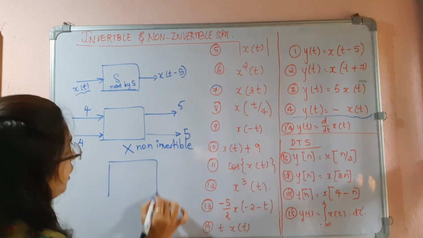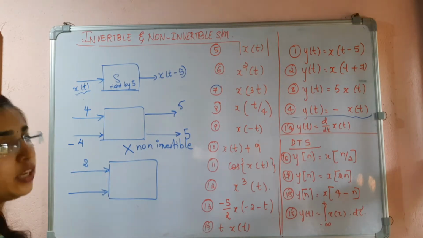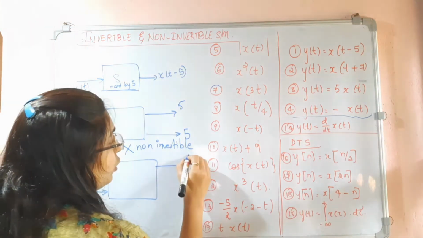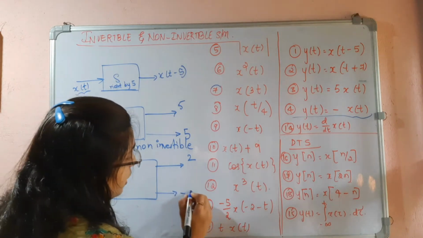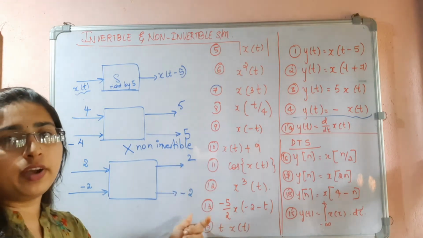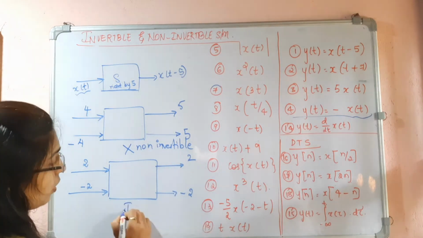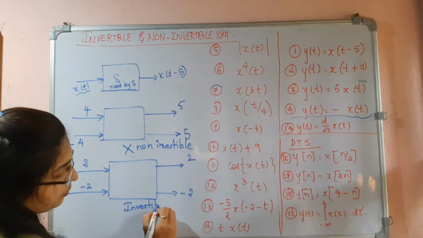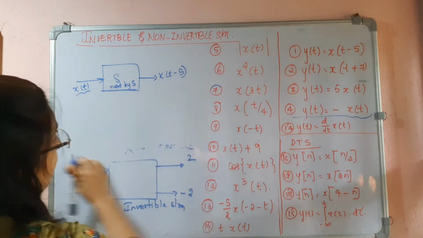But if it produces distinct outputs, for example applying 2 gives 2 and applying -2 gives -2, so for each input a unique output is obtained, then this will be your invertible system. That means there should be a 1-to-1 mapping.